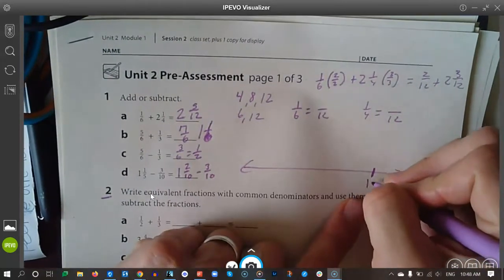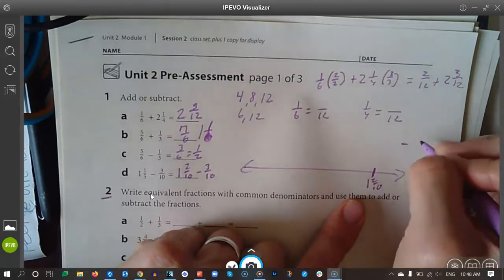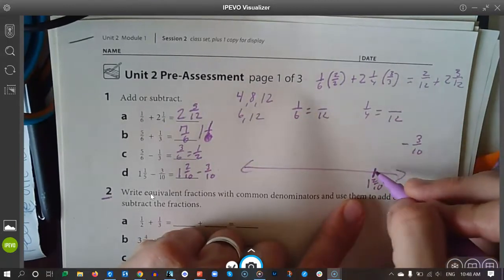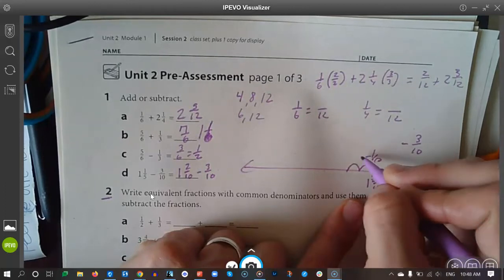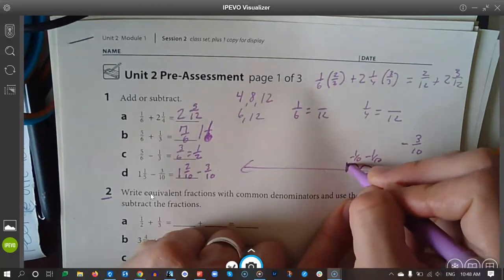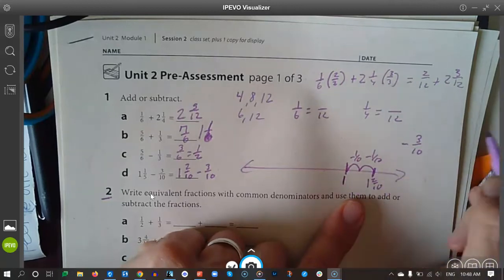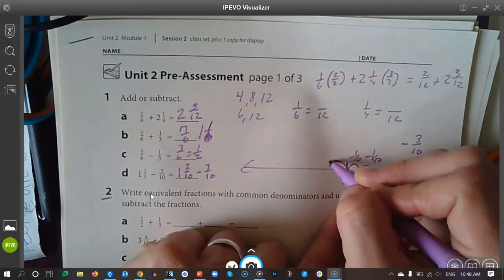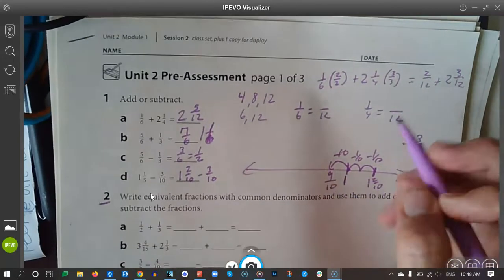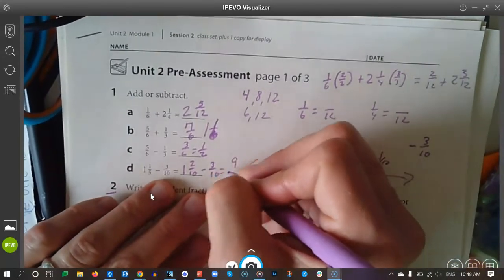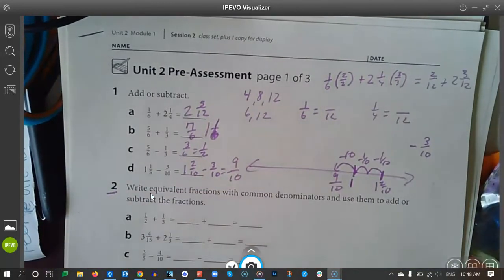If I start at 1 and 2/10, and I need to subtract 3/10, if I subtract 2/10, where am I? I'm at 1. How many more do I have to go back? I have to go back 1 more tenth to get to 9/10. Okay, so that's the answer, equals 9/10.